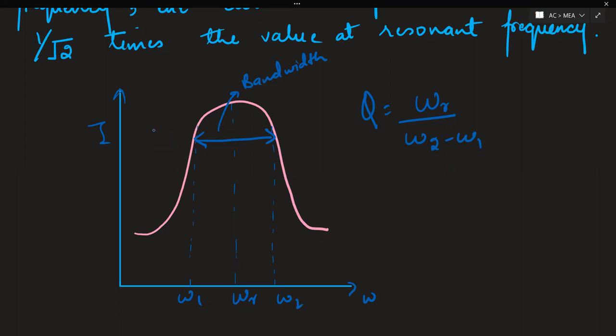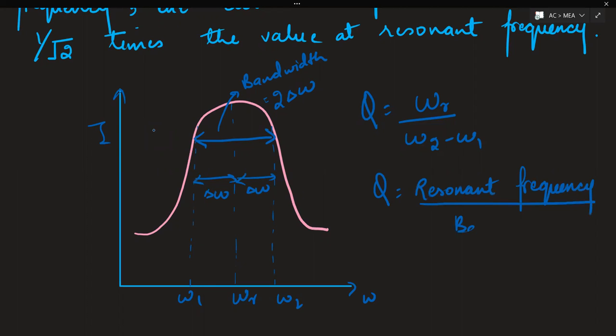In common terms, bandwidth is generally written as 2 delta omega. 2 delta omega means if this is 1 delta omega, this will also be 1 delta omega, so delta omega plus delta omega becomes 2 delta omega. This you can remember. So in word terms, this is resonant frequency divided by the bandwidth. Or you can also write omega r divided by 2 delta omega.